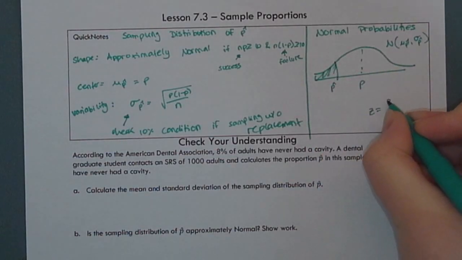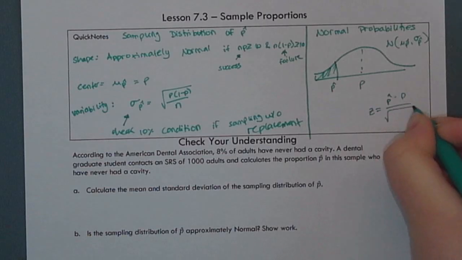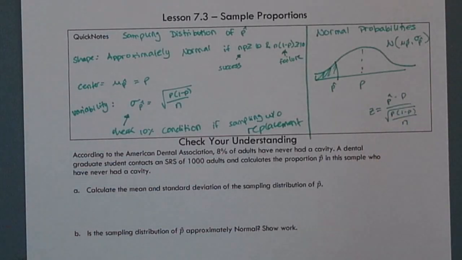So z is p hat minus p over the square root of p times 1 minus p over n. Or you can use our old formula for z-scores, which was x minus mean over standard deviation. Both come out to be the same thing here.